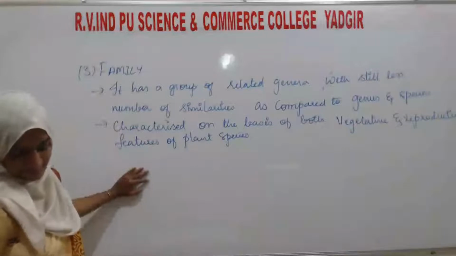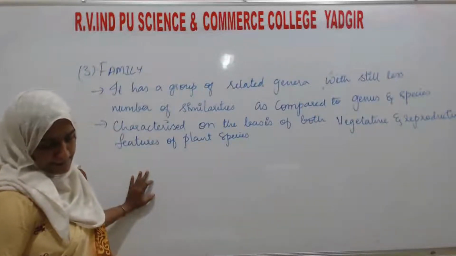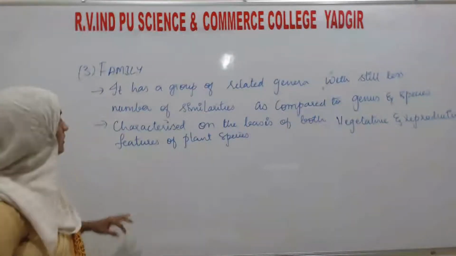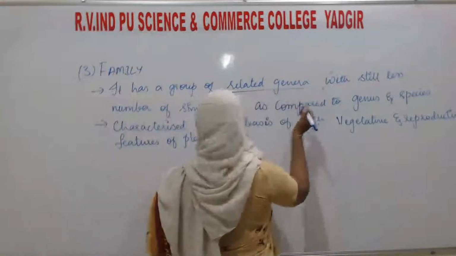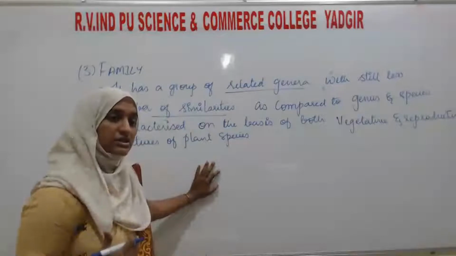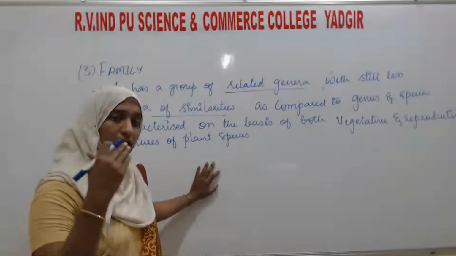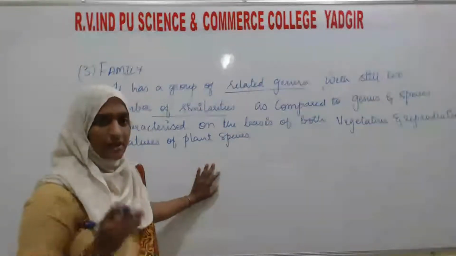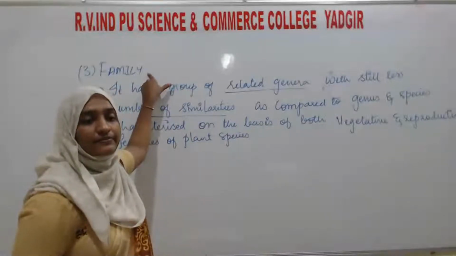Now, next, here you see, it is a group of related genera with still less number of similarities. In the genus, common characters are more. Compared to that genus, here still less number of similarities, that can be considered under the family.